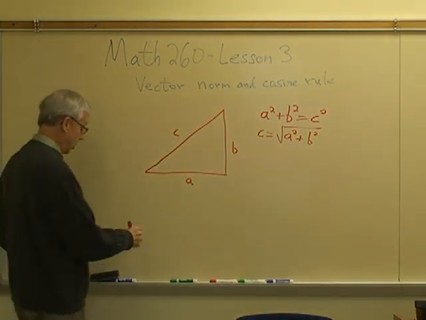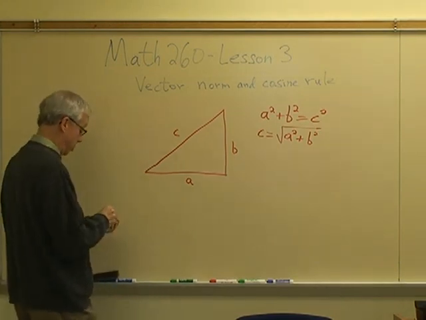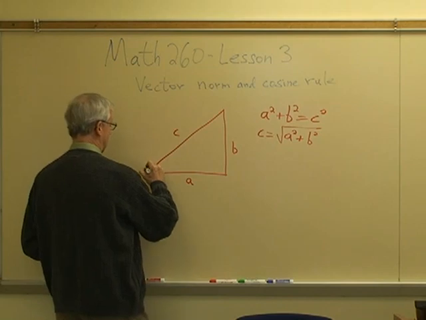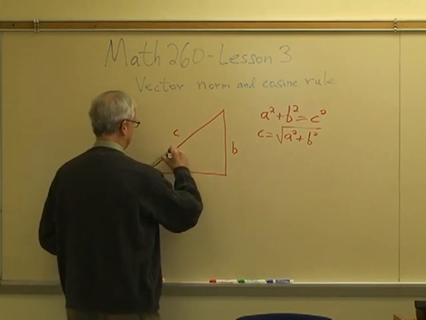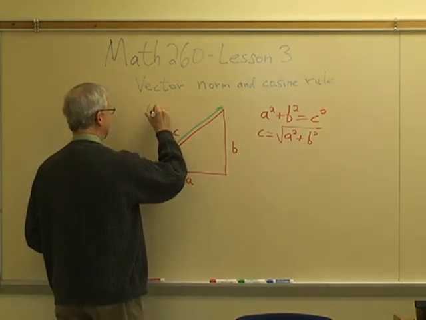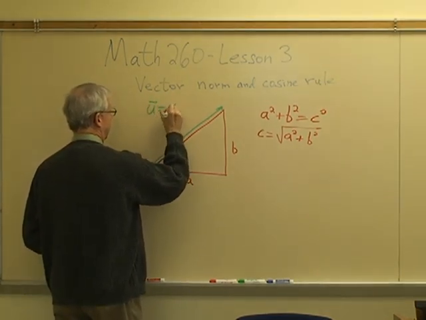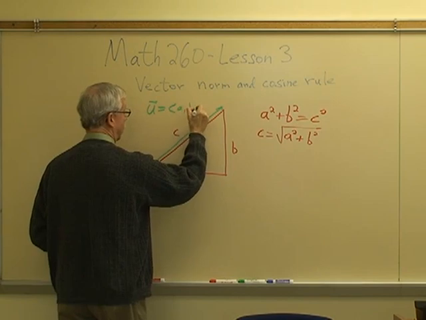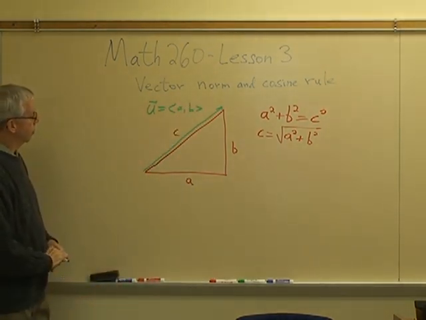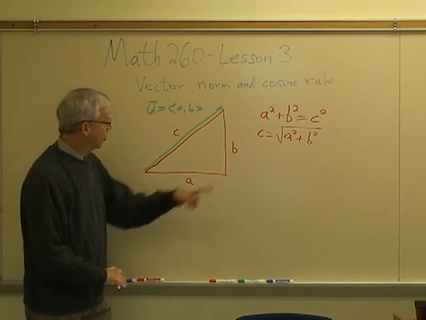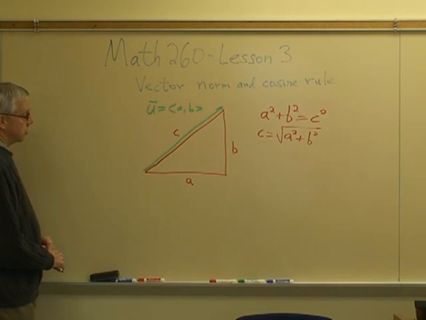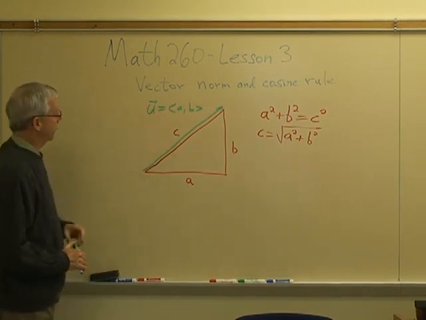And so if I look at this as a vector with components A and B, so here's my vector U, and it has coordinates A and B, then its length must be C. And so we already have a formula for the length of these vectors in two dimensions. But there's a nice way we can connect this to the dot product.